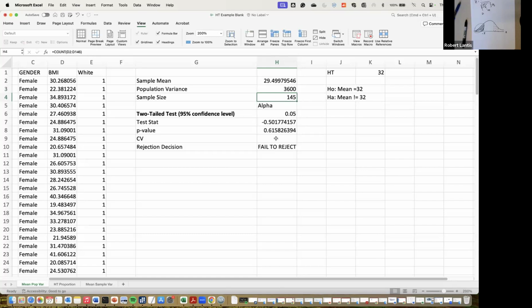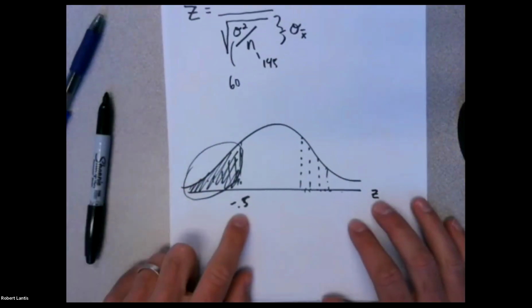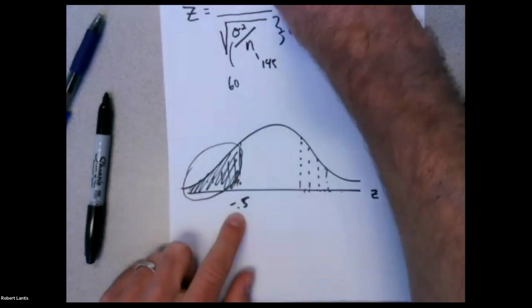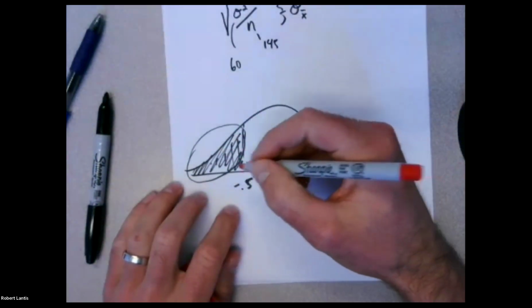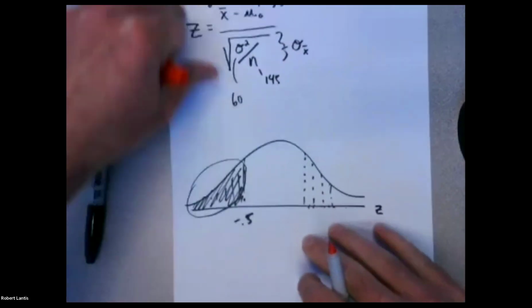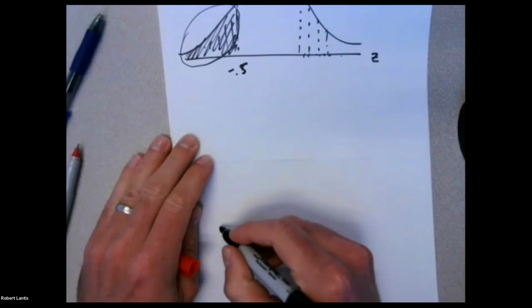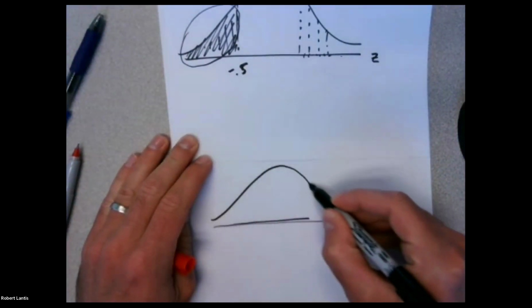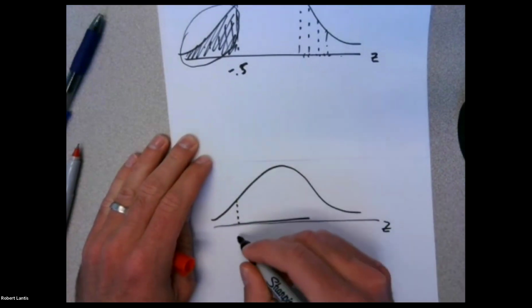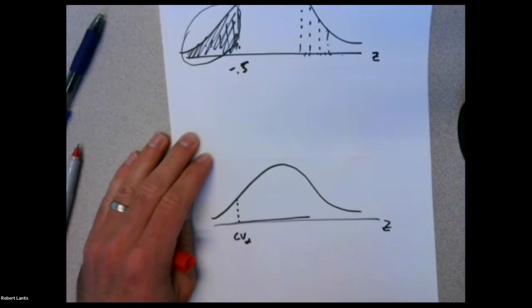Now, if I'm thinking about my critical value, remember, here's where I was plotting my test statistic. The critical value is going to be the value, well, let me just draw this back out here. Save myself a little room down here. So we're thinking about where is the critical value that's going to give me alpha total in the tails?